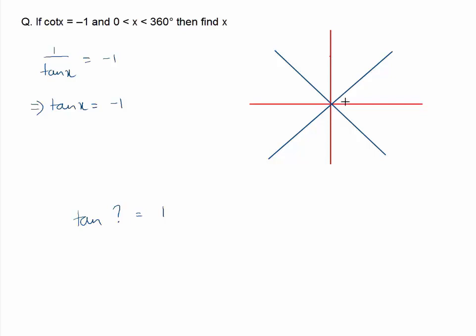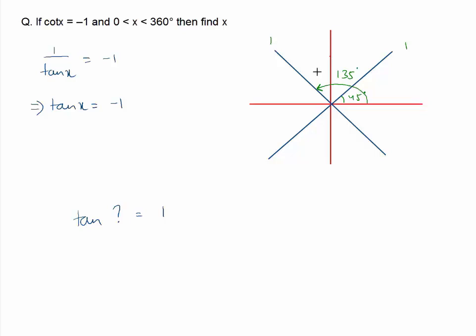So this is 45 degrees. We know tan 45 is 1. Similarly for this angle as well, which would be 135 degrees. How? 180 minus 45 degrees.